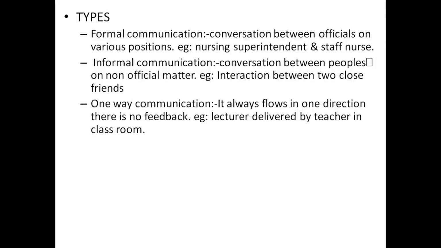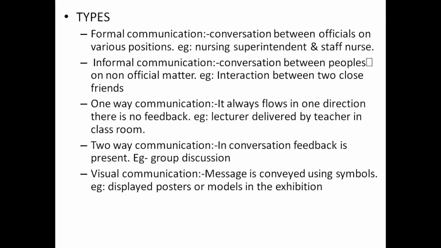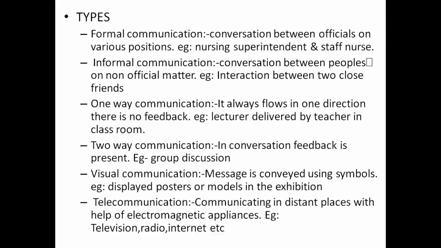One-way communication always flows in one direction and has no feedback. Example, lecture delivered by a teacher in a classroom. Two-way communication, in a conversation, feedback is present. Visual communication, message conveyed by using symbols, example, displayed posters or models. Telecommunication, communicating with distant places with use of electromagnetic appliances like television, radio, internet.